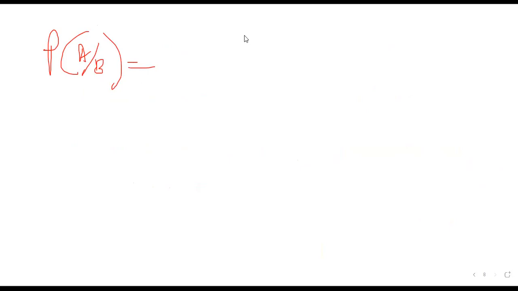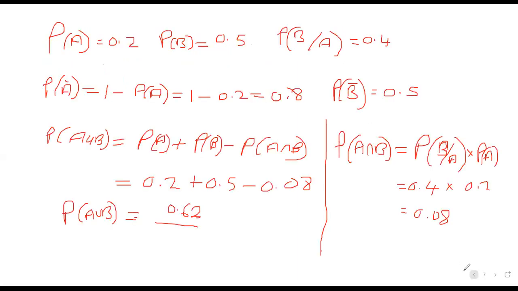It's going to be probability of B down, and then on top it's P of A intersection B. Then what do we have as our intersection? We found 0.08. And our B was what? 0.5. So what do we get?